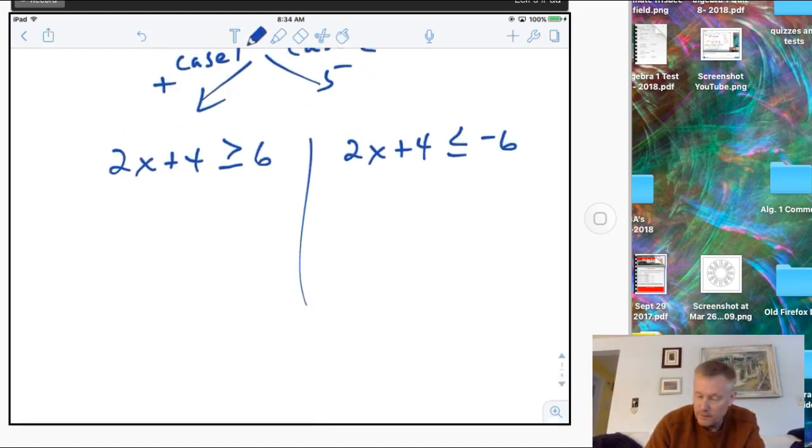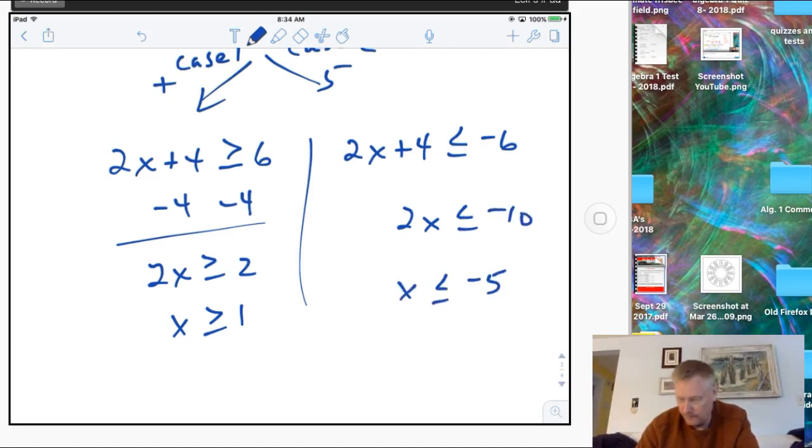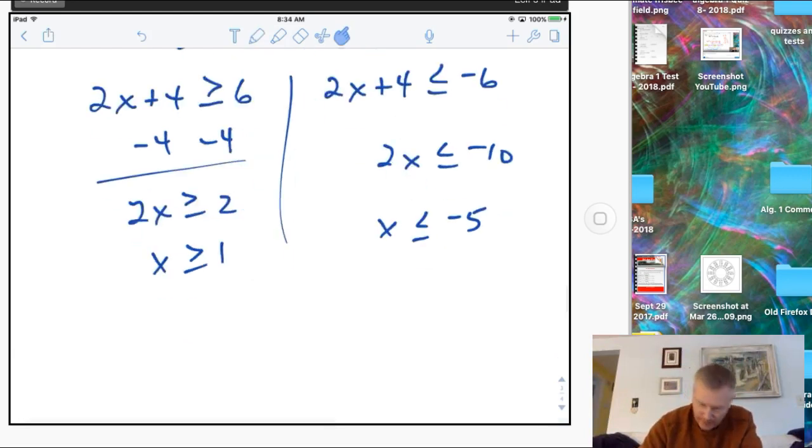Solve this. Subtract 4. You get 2x greater than or equal to 2. X is greater than or equal to 1. Over here, I get 2x is less than or equal to negative 10. Negative 10 divided by 2 is negative 5.